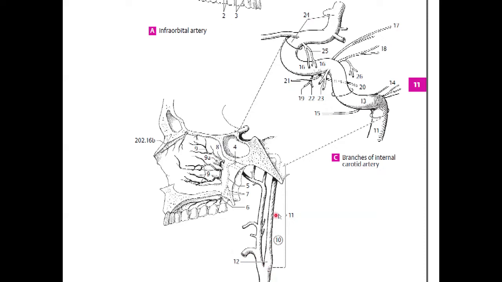We can see here the internal carotid artery, the external carotid artery, and this part of the internal carotid artery is practically hidden inside the skull, and in the upper right part of this picture it is enlarged from this small size to another magnified size.